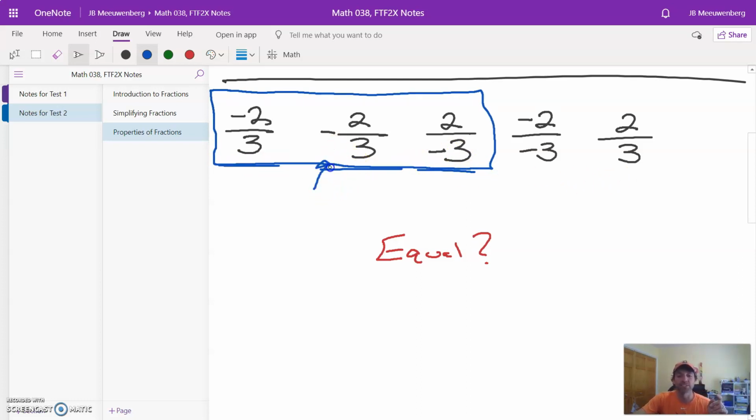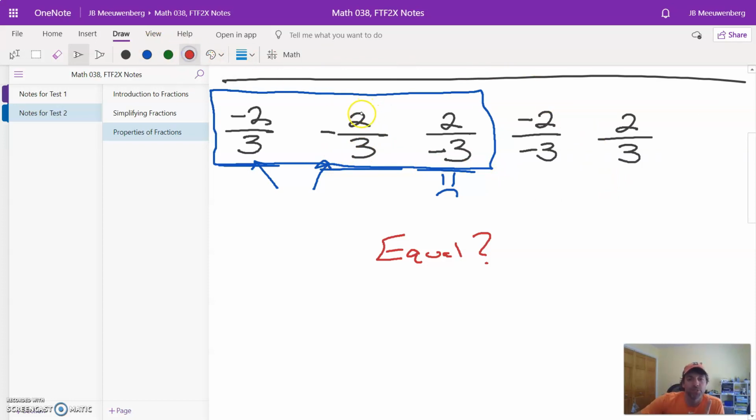I would say these two are probably the more ideal common ways that you're going to see them. This one, we generally don't like to leave negatives on the bottom. It's not like it's a bad number or something. There couldn't be such a thing. But we'd still generally like the negative not on the bottom. If you have it, sometimes you'll bring it out to the front. Sometimes you'll put it up top. Sometimes it doesn't matter. But all of them have one negative, and so these are all equal.